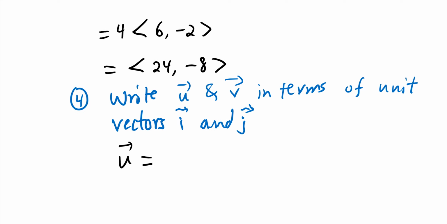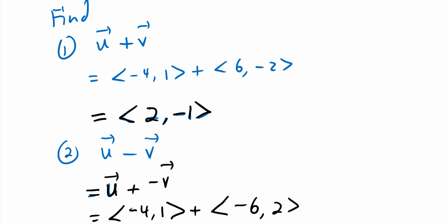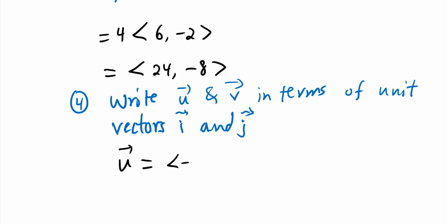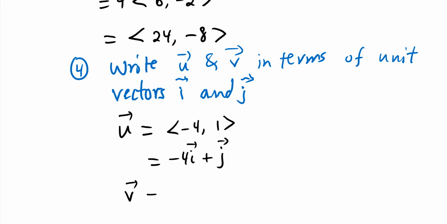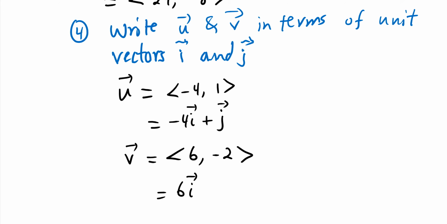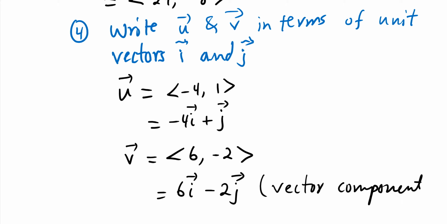Vector u was given as -4, 1, so we can write it as -4i plus 1j. Vector v was given as 6, -2. It can be written as 6i minus 2j. And those are called vector component form.